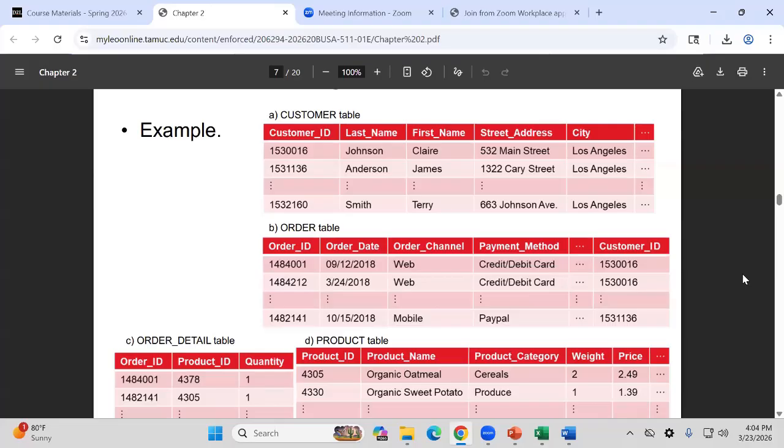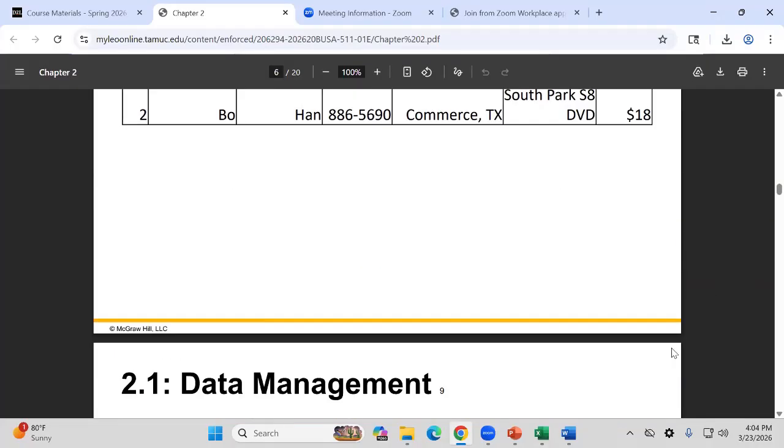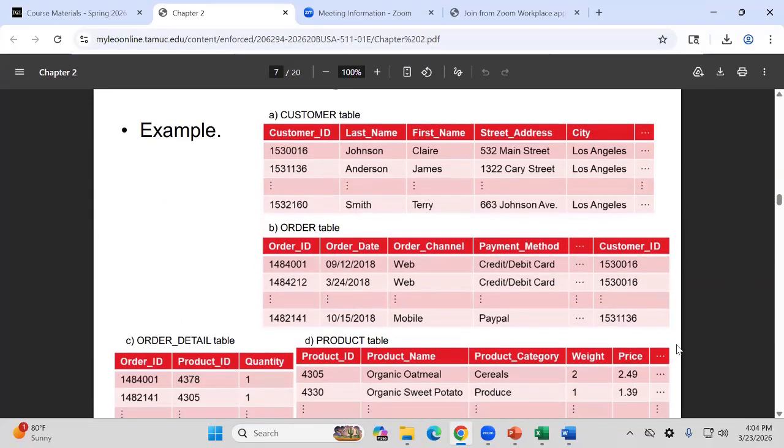We split the entire data table into particular tables. For example, we create a customer table. We only record the customer information in the customer table. Also, we give each customer a unique ID. Can you see that? Unique ID over here, right? We call this column customer ID.